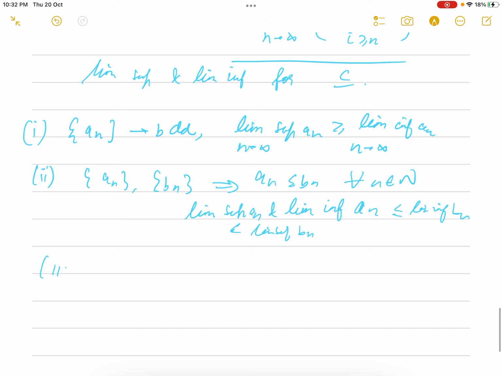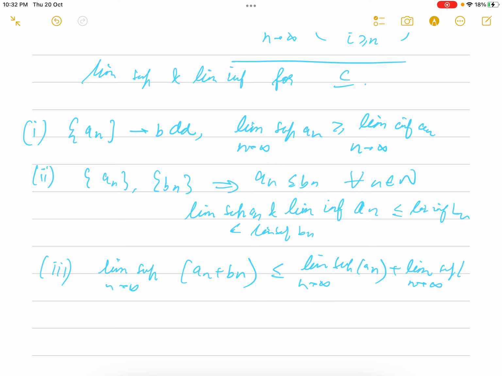The last being the inequality for the lim sup of the sum of two sequences a_n and b_n, where the sum of the individual limits is more than the limit of the supremum of the sum of the sequences.